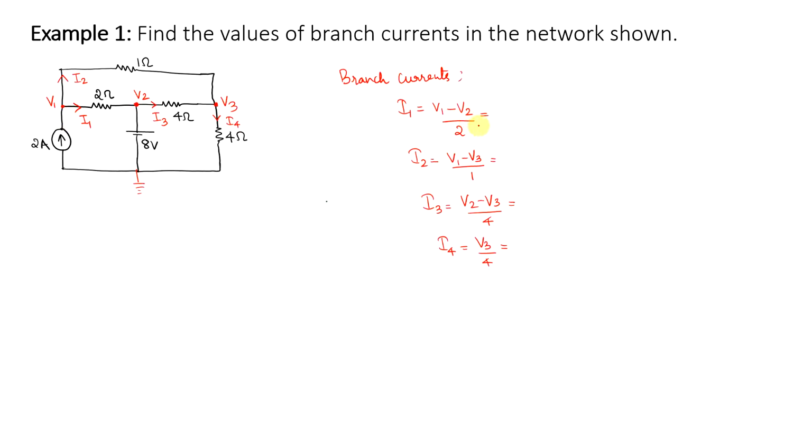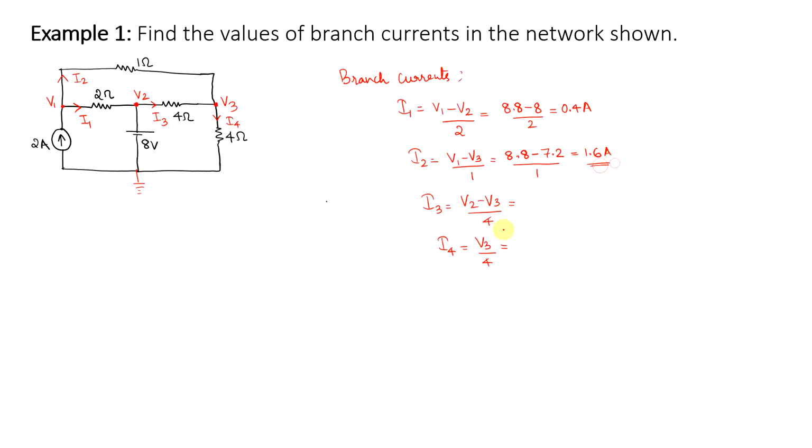With V1 equal to 8.8 minus V2 equal to 8 volt, divided by 2, this is 0.8 by 2, which is 0.4 amps. V1 is 8.8 minus V3 is 7.2, divided by 1. This is going to be 1.6 amps, right?